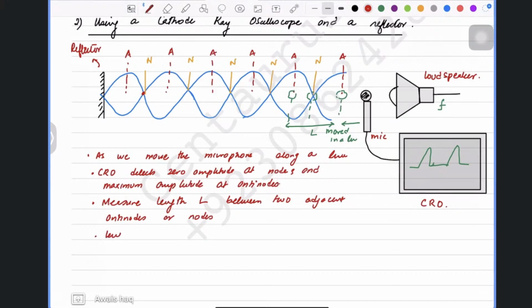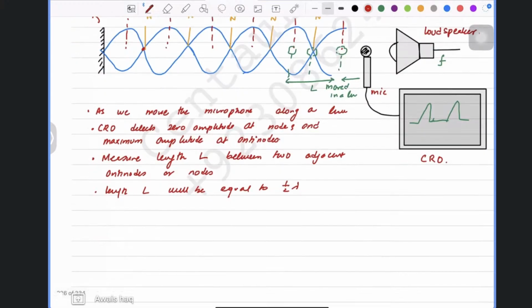So length L will be equal to half lambda, because it could be from node to node or antinode to antinode, whatever you're looking at. Then lambda will be equal to 2L, right, as we know. So use V is equal to F lambda to find speed of sound. Okay. So that's pretty simple.